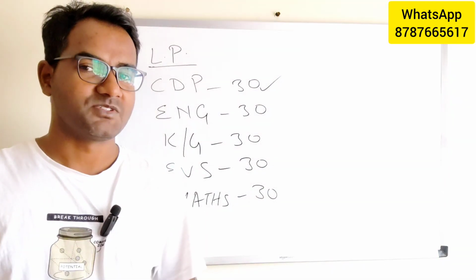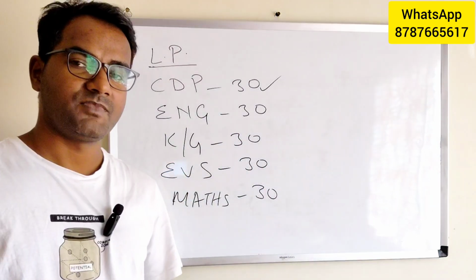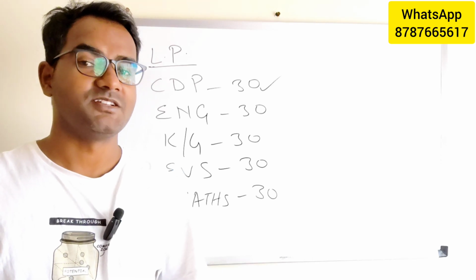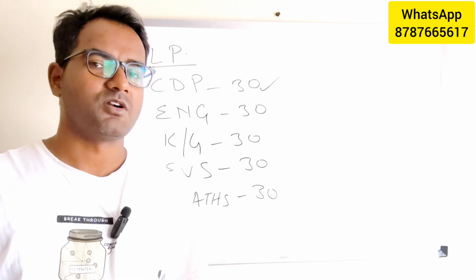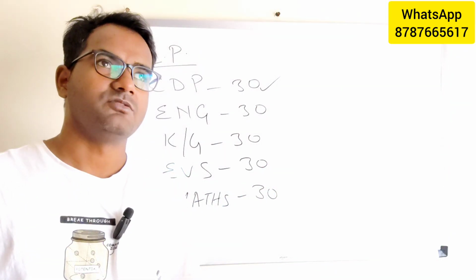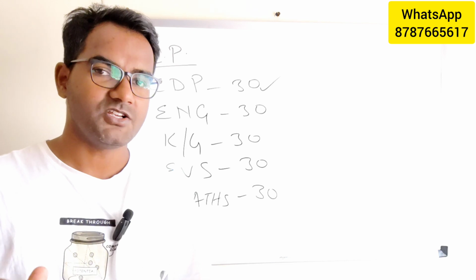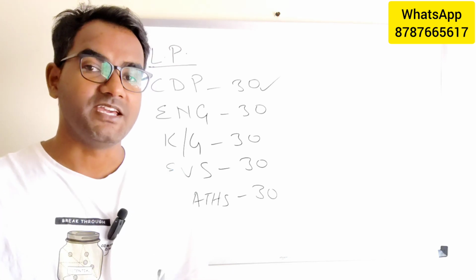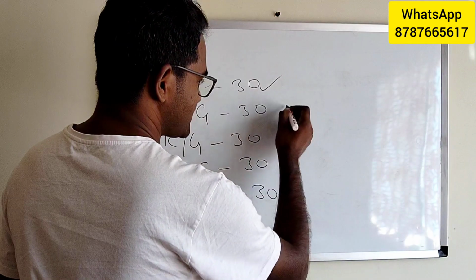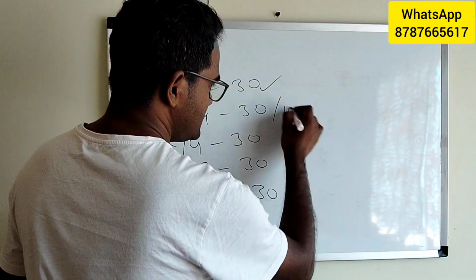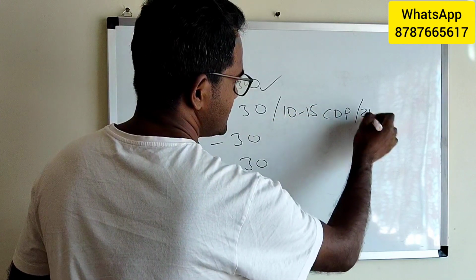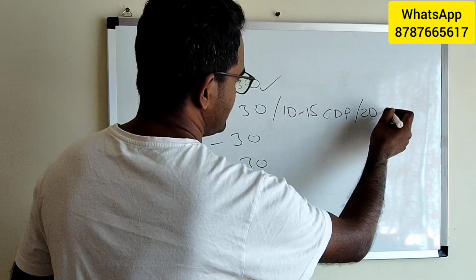Now the technique comes here. This is English. So in English it should be only English, right? But it is not so. If you are smart, you will observe that around 15 to 20 questions will be of English, but 10 to 15 questions will again be of CDP, right? Suppose 30 marks: out of 30, 10 to 15 you get in CDP, and the rest 15 to 20 you get for English.